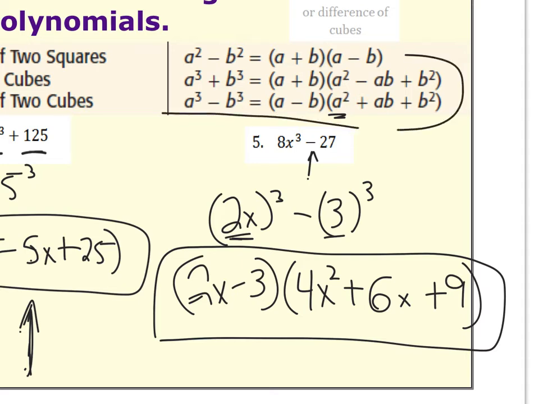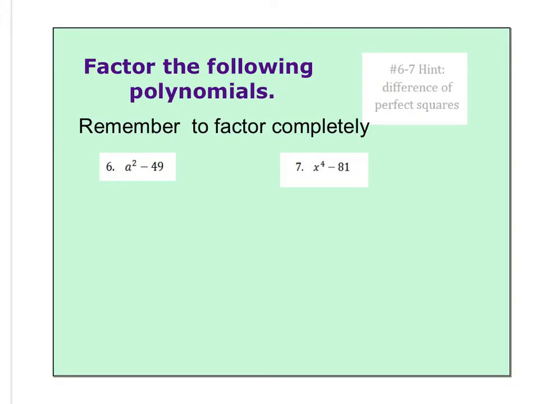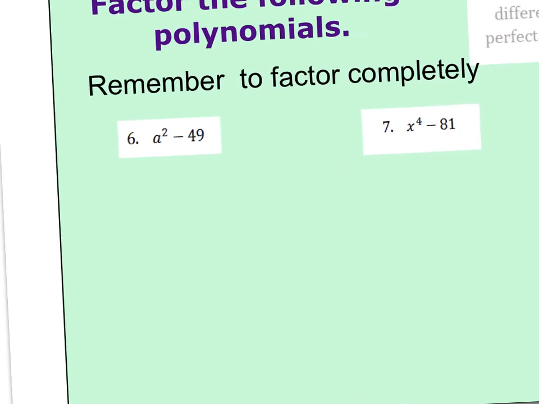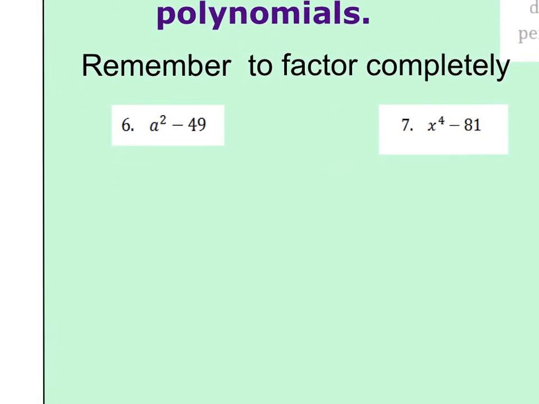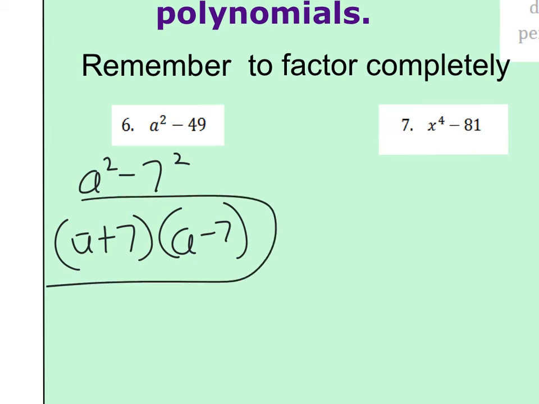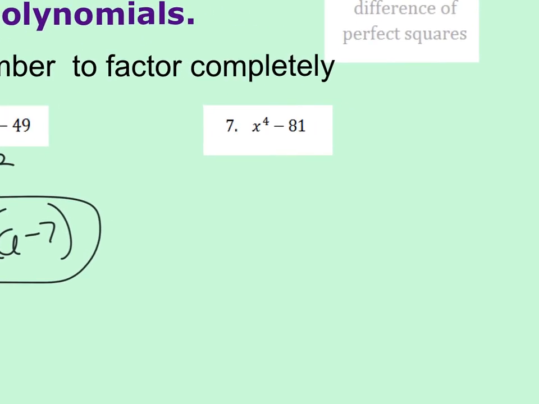So this is going to be something to have very handy. All right, let's factor completely. This is a squared minus 49, a difference of two squares, so that's a squared minus 7 squared. So it's going to be a plus 7 times a minus 7. There's my answer. Now, the next one is going to pose a fun little problem. I'm going to treat this exactly like something squared minus something squared: x squared squared minus 9 squared.